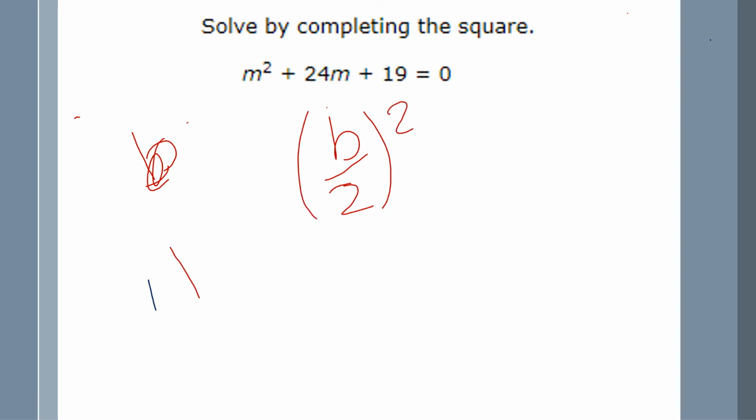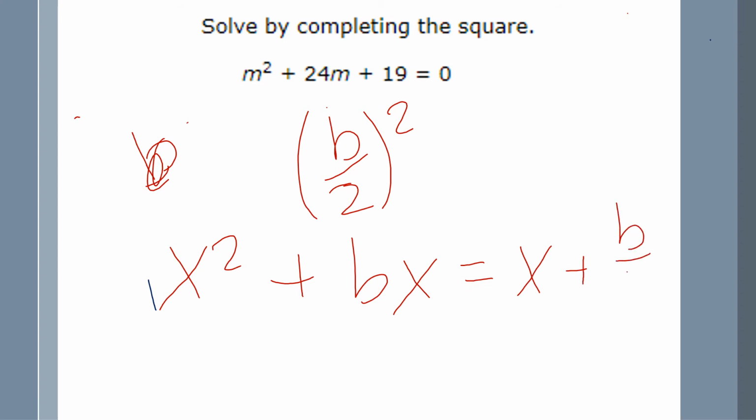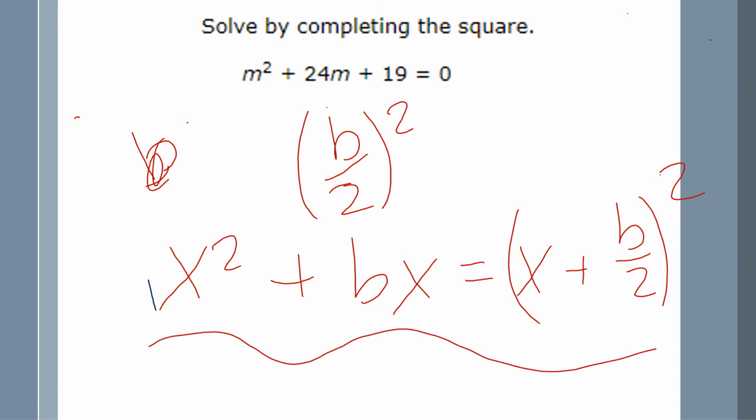Or they're going to say some stuff to you like this, which we did earlier, which equals x plus b over 2. And that's the formation of writing what we just did with the numbers, all right?